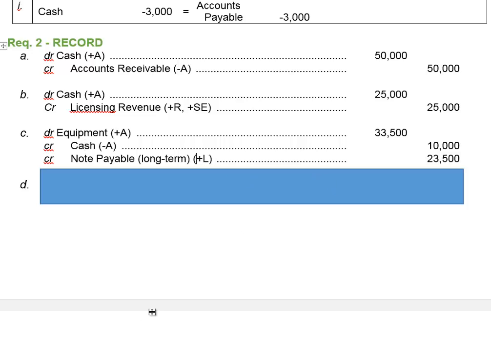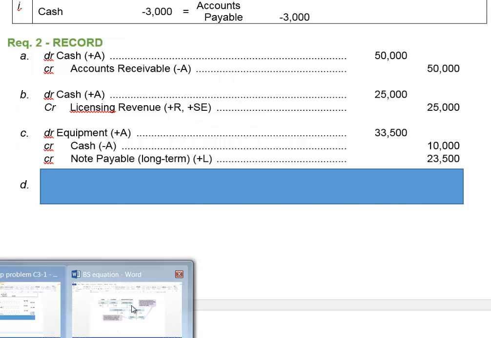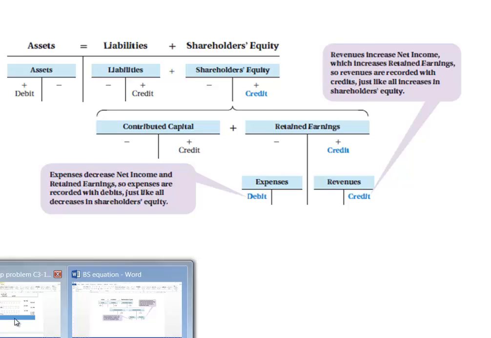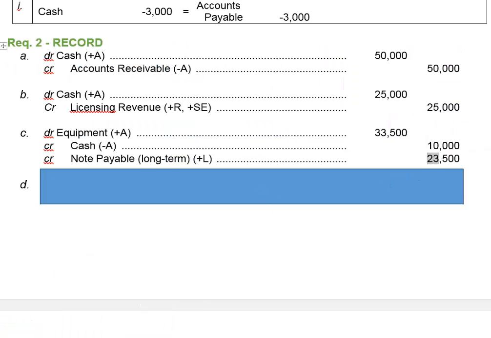Our liability went up, and don't forget again, when liabilities go up, they go up on the right, and right means credit. So therefore, we're going to credit our liability account, long-term notes payable, for $23,500, and you can see the total dollar value of all debits and all credits are equal. So our entry is in balance.